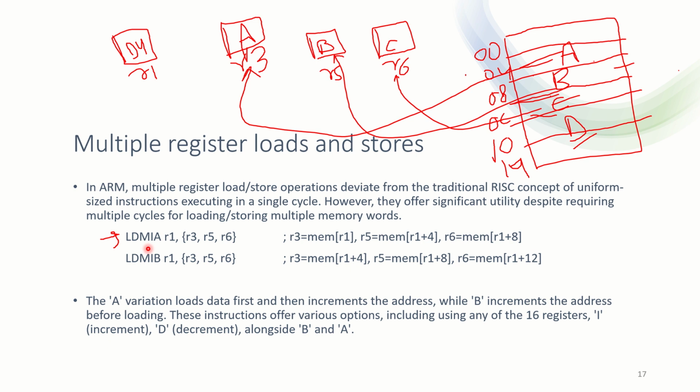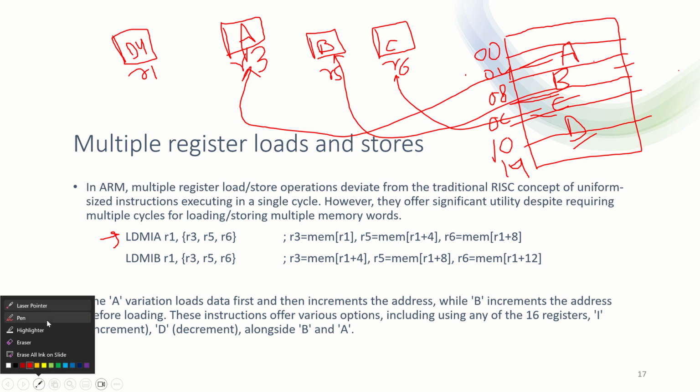Load multiple, increment after, means after loading first time R3 is loaded with the value at location R1. At location R1, whatever the value is, it is loaded. Then increment, means 04 increments to 08. Then inside the second, this we have written R3, R5, R6.